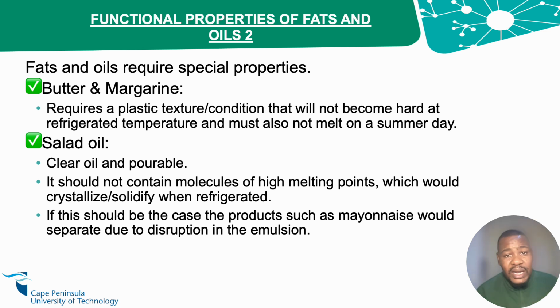Yet the product should not excessively soften or melt at high temperatures, for example on a hot summer day. Therefore, achieving this balance involves a careful selection of fat compositions and processing techniques to control the crystalline structure and the melting behavior of the product.